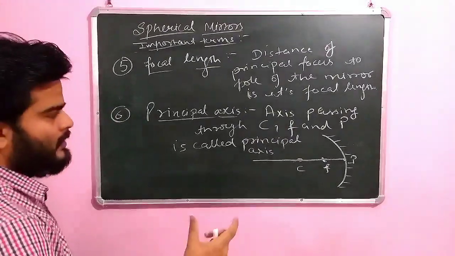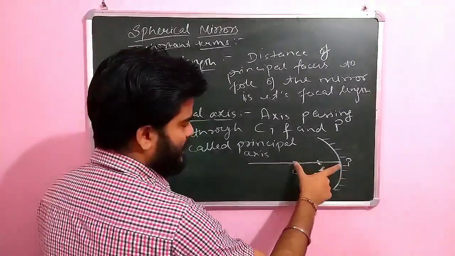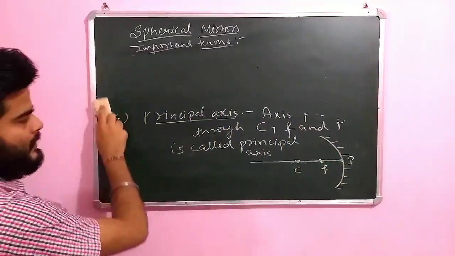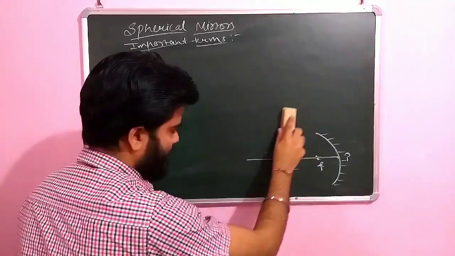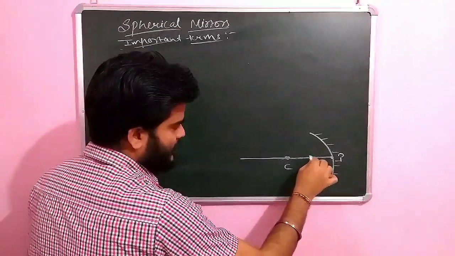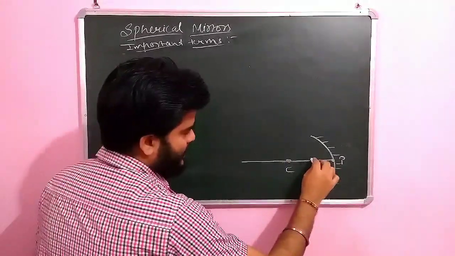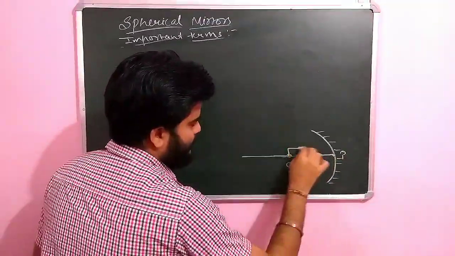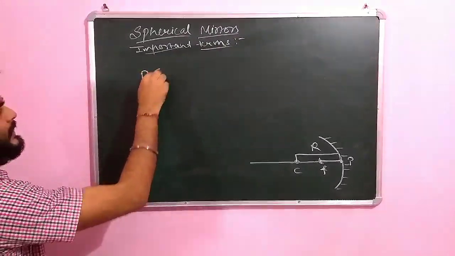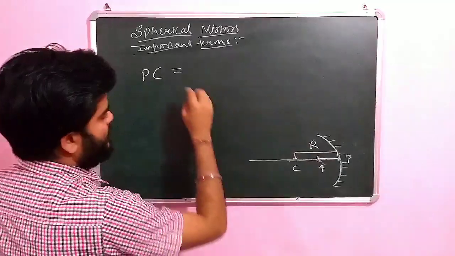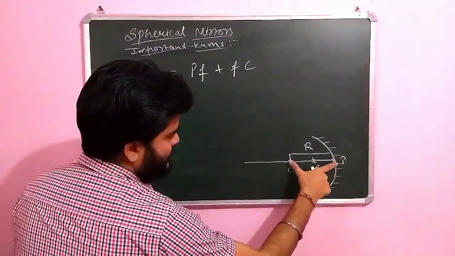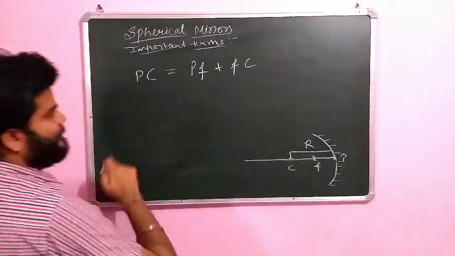Now let us find out a relation between focal length and radius of curvature. Note it down. You can pause the video anytime and take a screenshot. As I have already told you, F will lie between P and C. It means PC is forming by adding PF and FC.